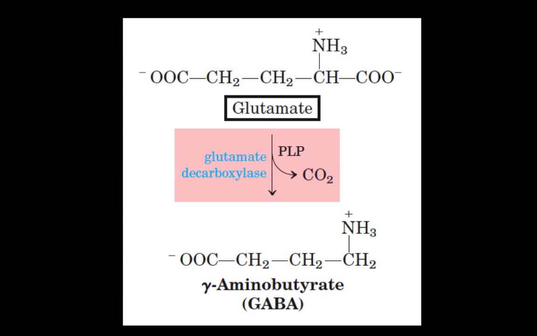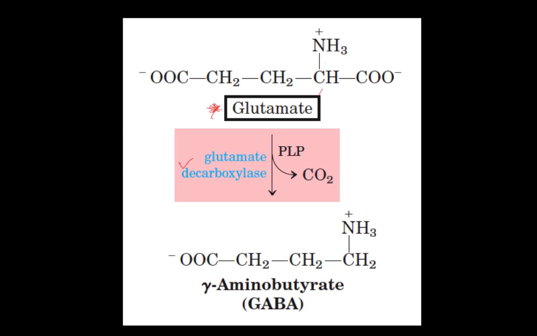If you look at the diagram there, you see that glutamate, which is this molecule here, is the precursor molecule for GABA. We're going to use glutamate to make GABA. The enzyme that catalyzes this reaction is called glutamate decarboxylase, and it uses PLP as its coenzyme.